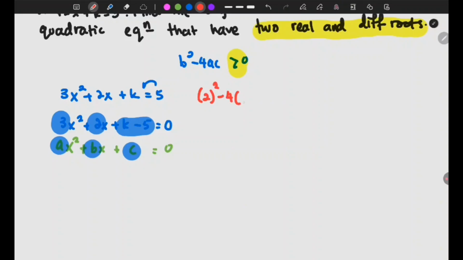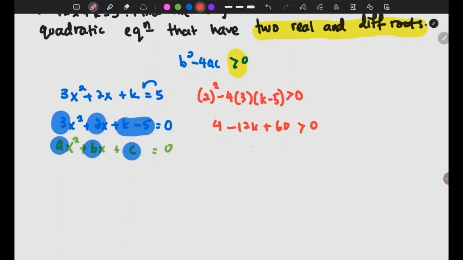Now you just do your normal math. 2 squared is 4. 4 times 3 is 12, so minus 12k. And then 12 times negative 5 is 60, but don't forget to put positive. And 60 plus 4 is 64. So negative 12k plus 64 more than 0.